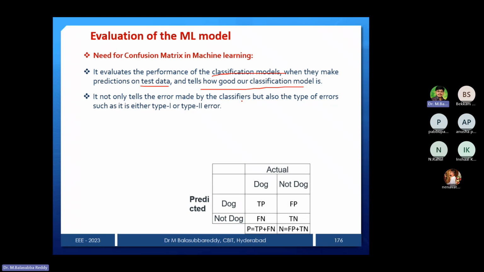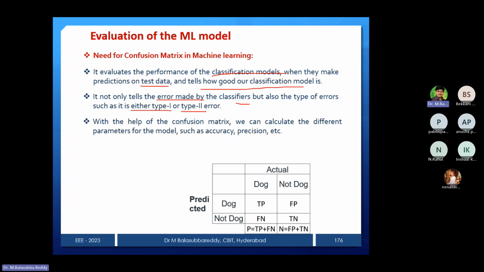It shows the errors made by the classifier and also the type of error, such as type 1 error or type 2 error, as we discussed in the previous slide. With the help of the confusion matrix, we can calculate different parameters of the model, such as accuracy and precision.